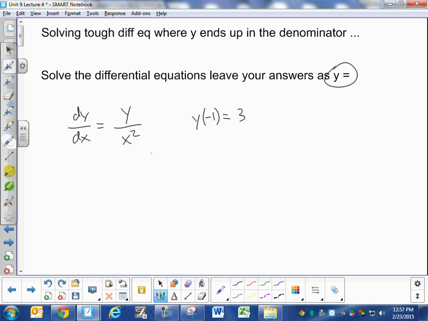Okay, step 1 to solving a differential equation with x's and y's is what? What's step 1 to solving that differential equation? You separate the two. Yes, you separate them. Now, do you just move stuff magically, or what do you have to do? Take y over the derivative dy. So how do I take y over?